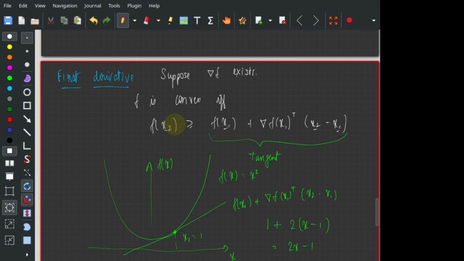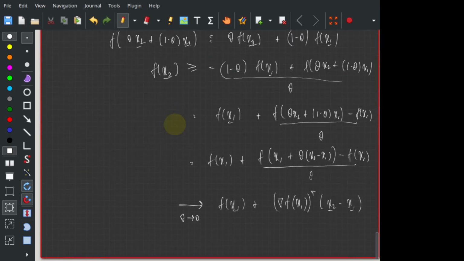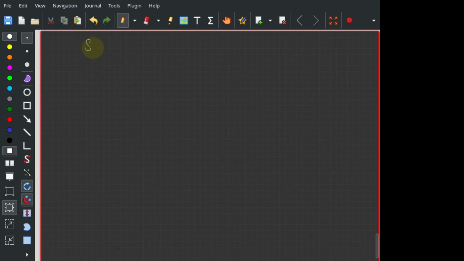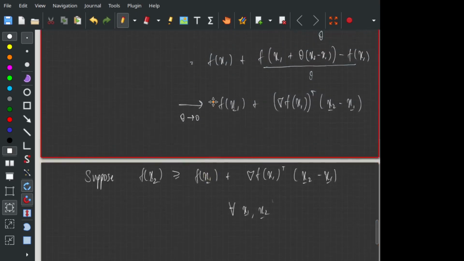Then how do we show that f is also convex? Can you just go in reverse directly? How would you go reverse?